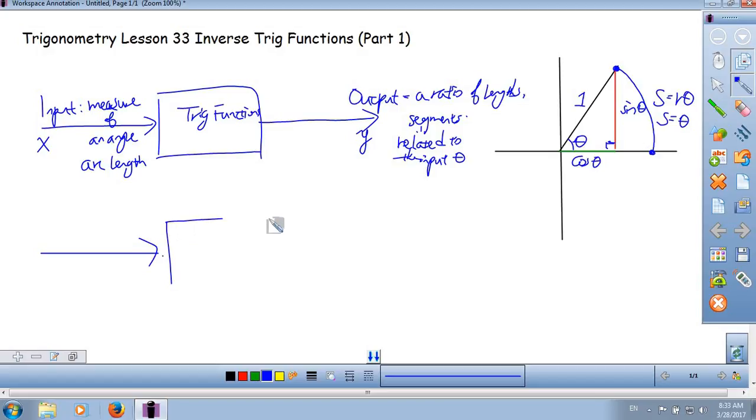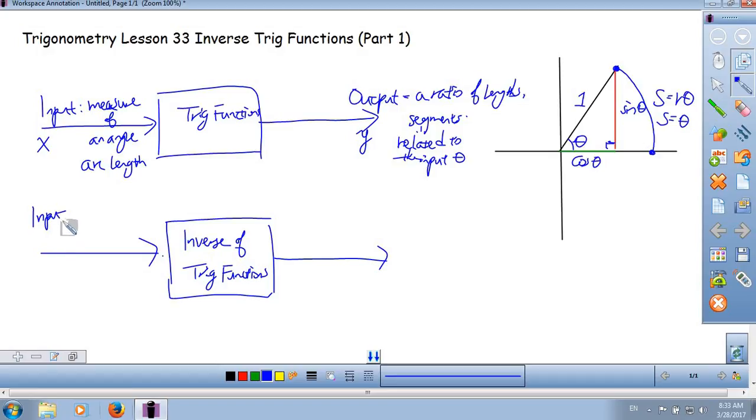So let's draw another flow chart here. If we have the inverse of trig functions, then our input is still going to be called x, and output is still going to be called y.